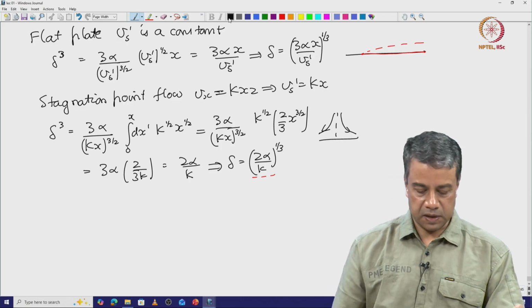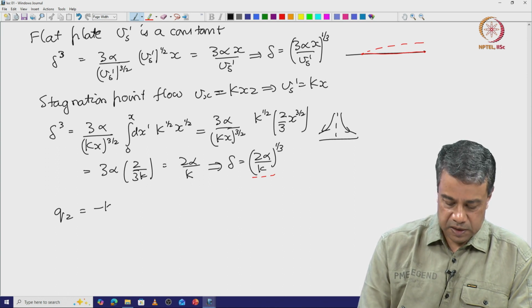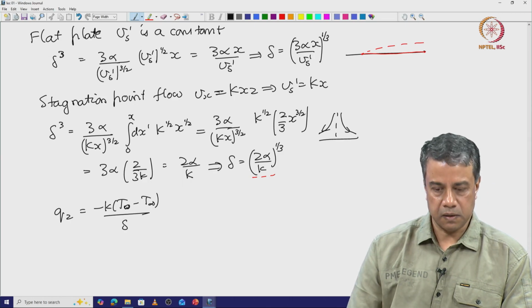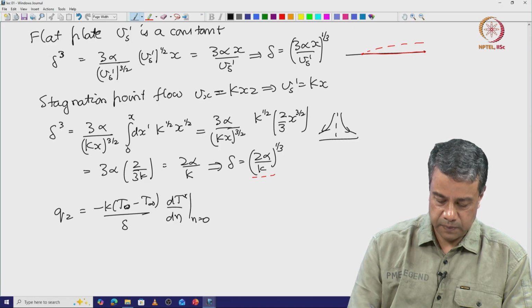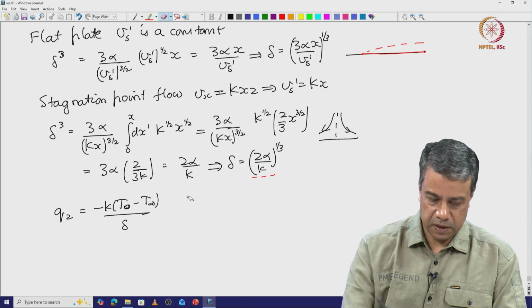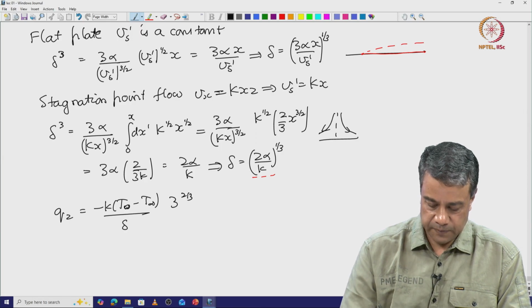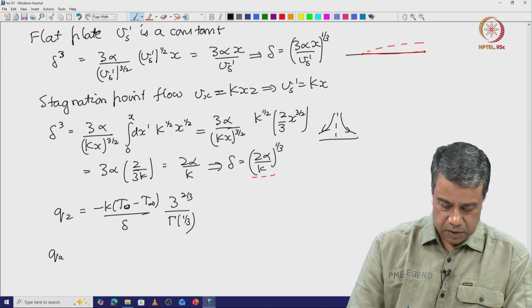Once we know what is the boundary layer thickness, then we know that Qz is equal to minus k into Tw or T naught minus T infinity by delta, into dT star by d eta at eta equals 0. dT star by d eta at eta equals 0 is just given by 3 power 2 by 3 by gamma of 1 by 3, just a constant.